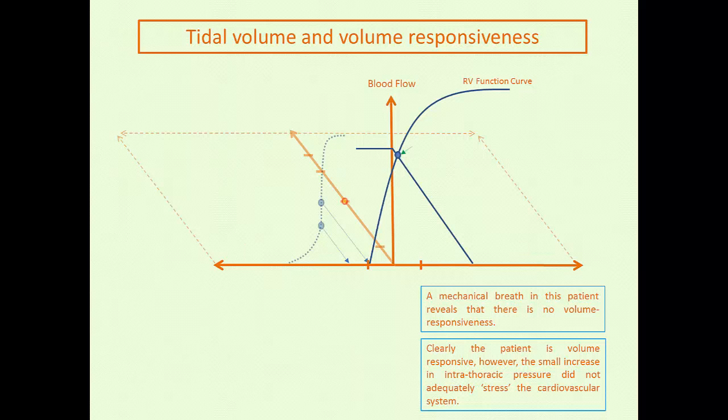You can see that there are certain clinical states, namely overload, right ventricular failure, excessive right ventricular afterload, poorly compliant chest walls that will degrade the sensitivity and specificity of pulse pressure variation and stroke volume variation.